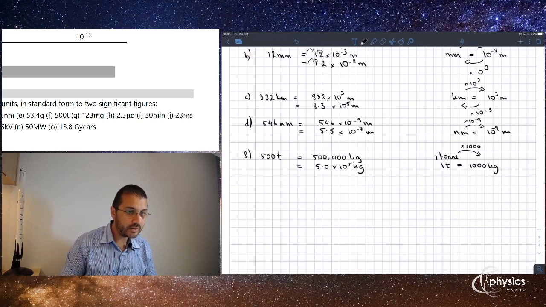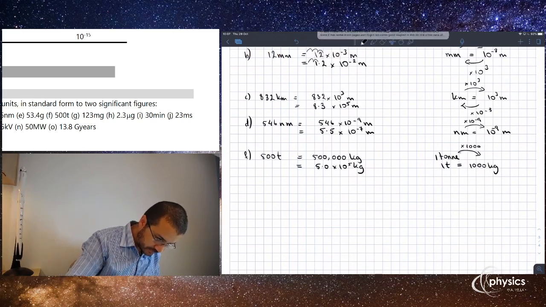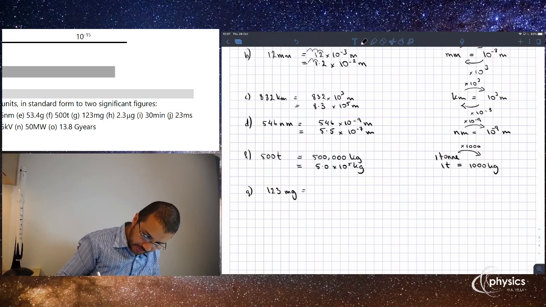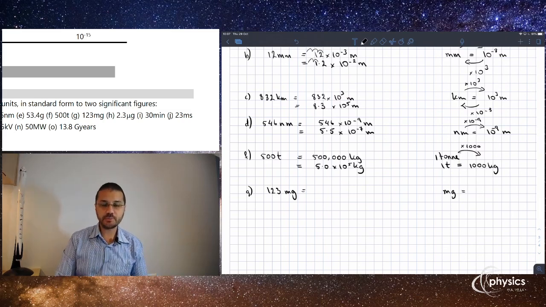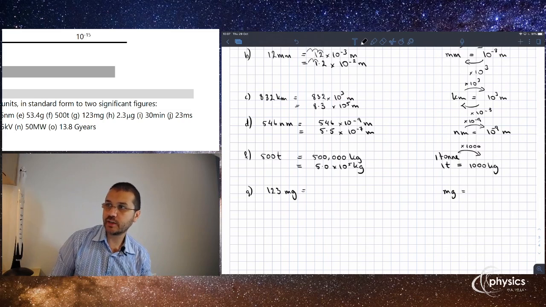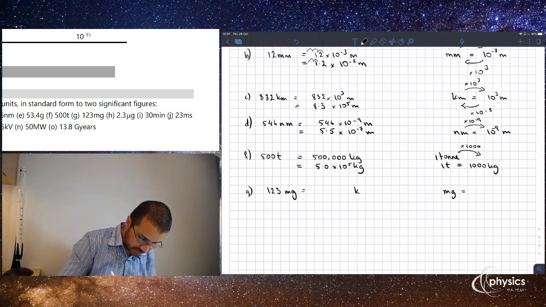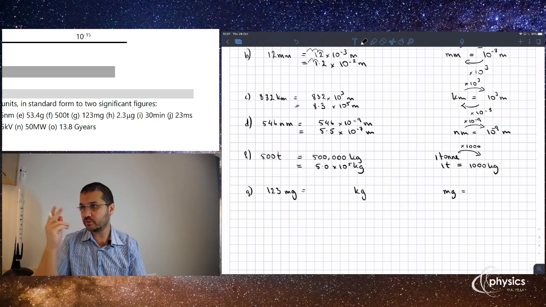Good. 1 to 3 milligrams now. Here we have the problem of mass as usual. The SI unit of mass is kilograms. So first we have to change milligrams into grams and then grams into kilograms. We have to do it in 2 steps.